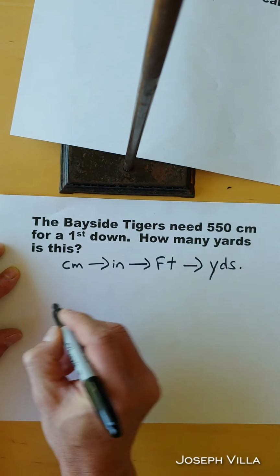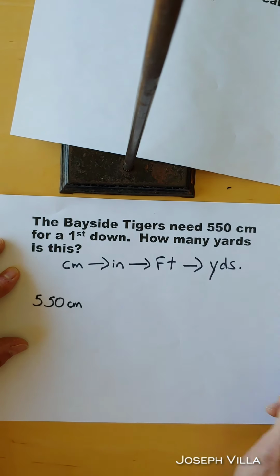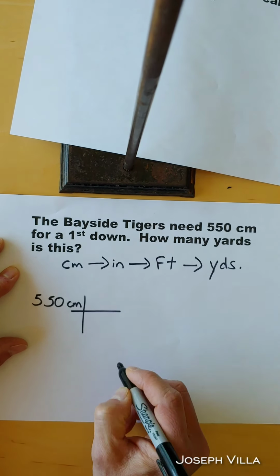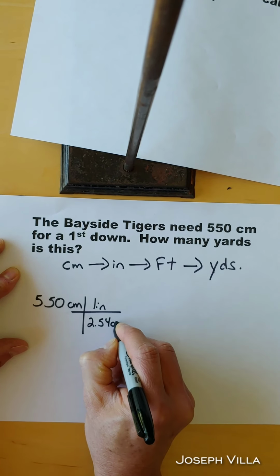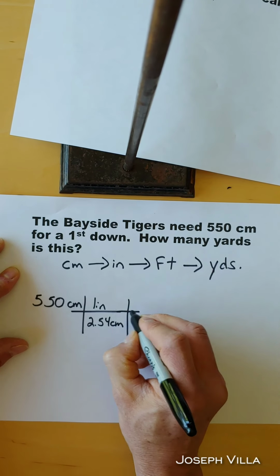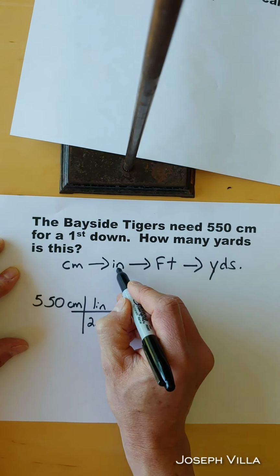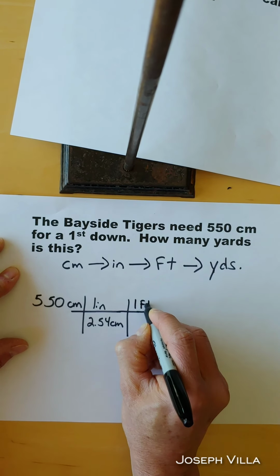So if we start with 550 centimeters, to convert that into inches, 1 inch is 2.54 centimeters. Now I've got inches and I want to go into feet. Well, how many inches are in 1 foot?